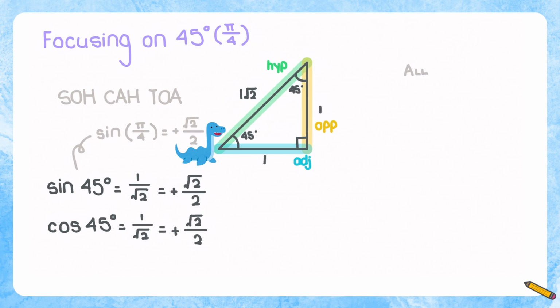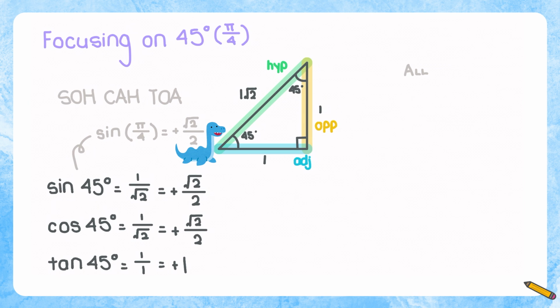So sine of 45 degrees and cosine of 45 degrees are the same. We're also going to find tangent of 45 degrees, which is going to be the opposite side over the adjacent side. This is just simply going to be 1 over 1, which is just 1. So tangent of 45 degrees equals positive 1.